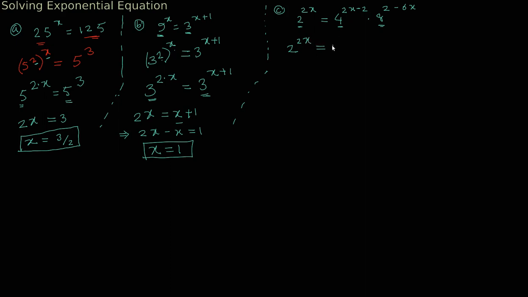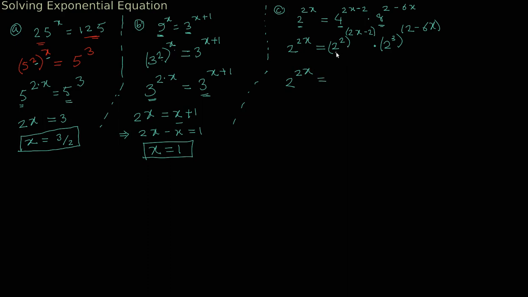Equals, 4 I can write as 2 square, and the power is 2x minus 2, and then multiplied by 8, which I can write as 2 cube, and the whole thing is power 2 minus 6x. So let's do it, so 2 power 2x.